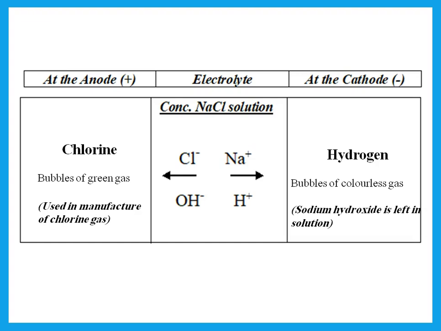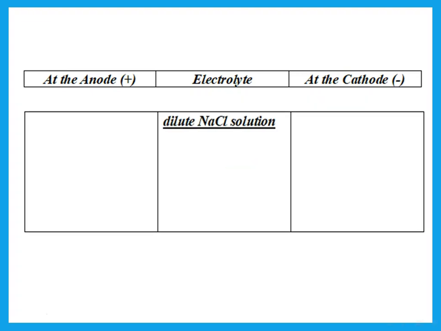So hydrogen is the one that forms, and I'm left with sodium hydroxide solution. And that means that if this solution has litmus solution or indicators, then the indicator will become blue because sodium hydroxide is formed.